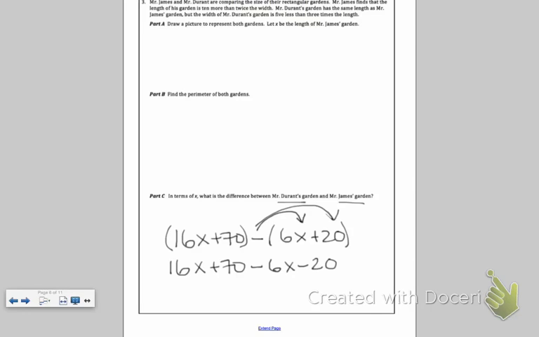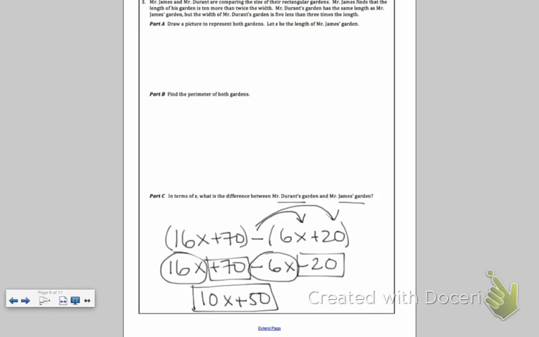So now that we have eliminated our parentheses, we can go on ahead and combine our like terms. 16x minus 6x gives us 10x. Positive 70 minus 20 gives us a positive 50. So the difference between the two gardens, or the perimeter of the two gardens, is 10x plus 50.